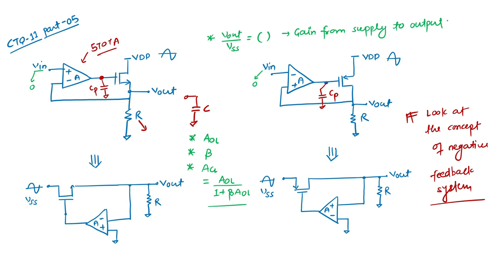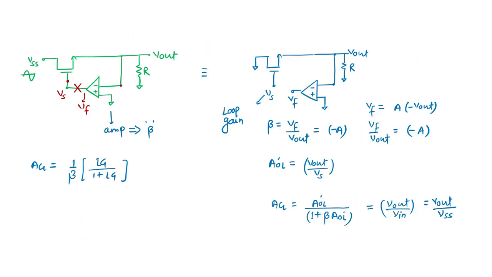And with that, we can also analyze the frequency domain calculation for this circuit. Because till now, whatever we have written, we have only written the equation of V out by V in, wherever required, only at DC. But you can also write the closed loop transfer function with respect to frequency.